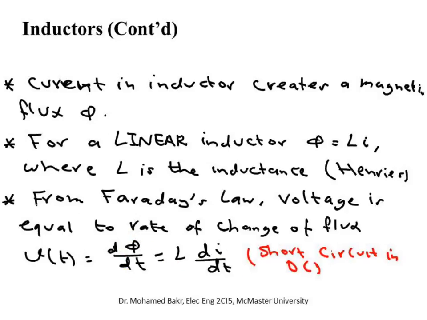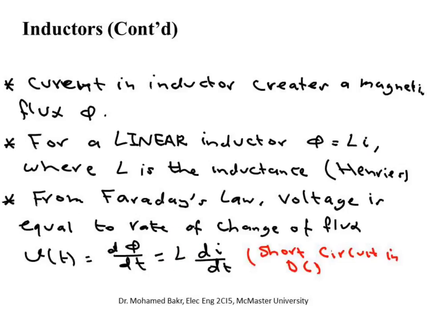So we get this relationship here, that v of t is equal to L di by dt. This is one of the two fundamental relationships you have to remember for the inductor. The voltage between the two terminals of the inductor is proportional to the rate of change of the current, and the constant of proportionality is the inductance.